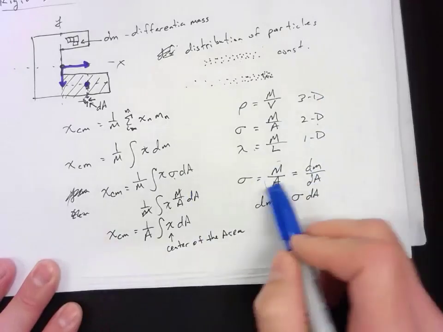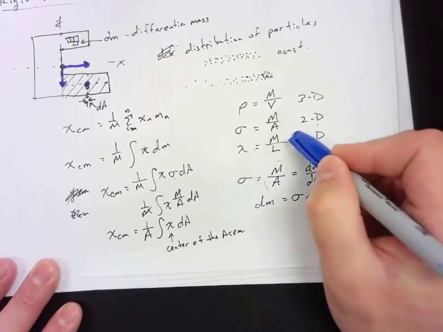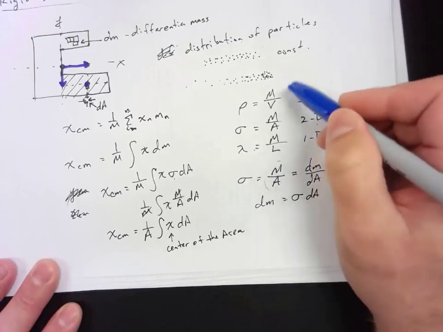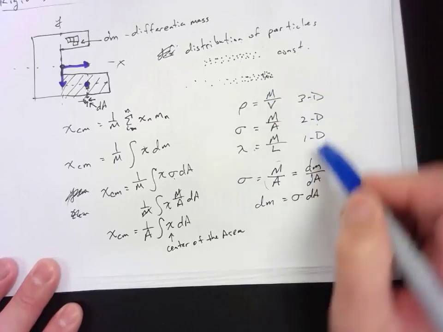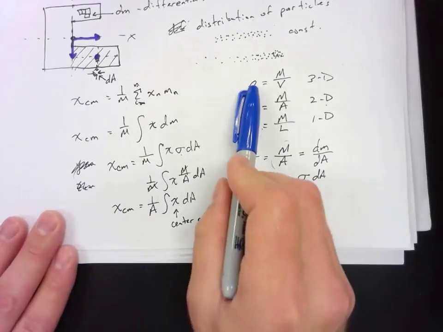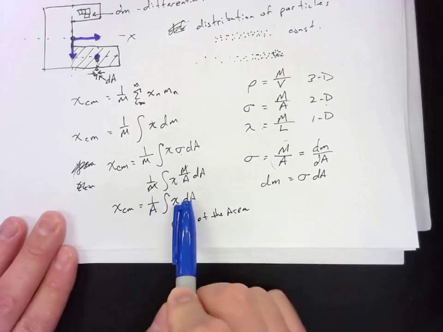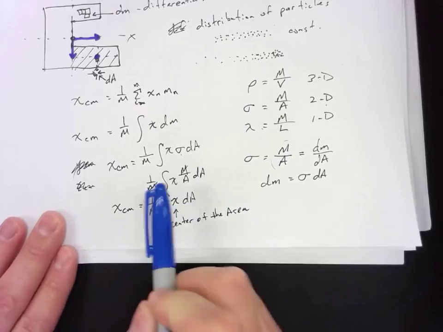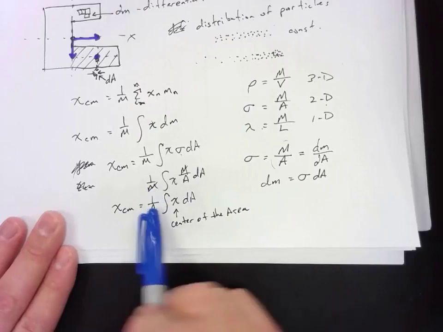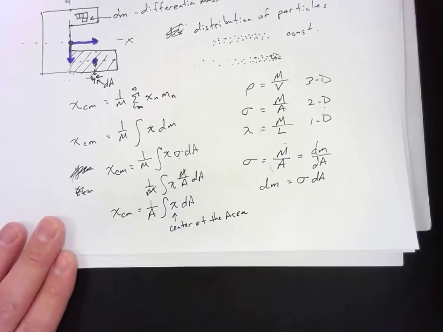Whereas sigma is dm over dA, this is equal to dm over dl, this is equal to dm over dV. So you can do the same exact substitutions where, if we did three-dimensional, we get 1 over V, integral of x dV. If we had to do a linear one, 1 over L, the total length of the object, integral of x dl, the little segments of length.